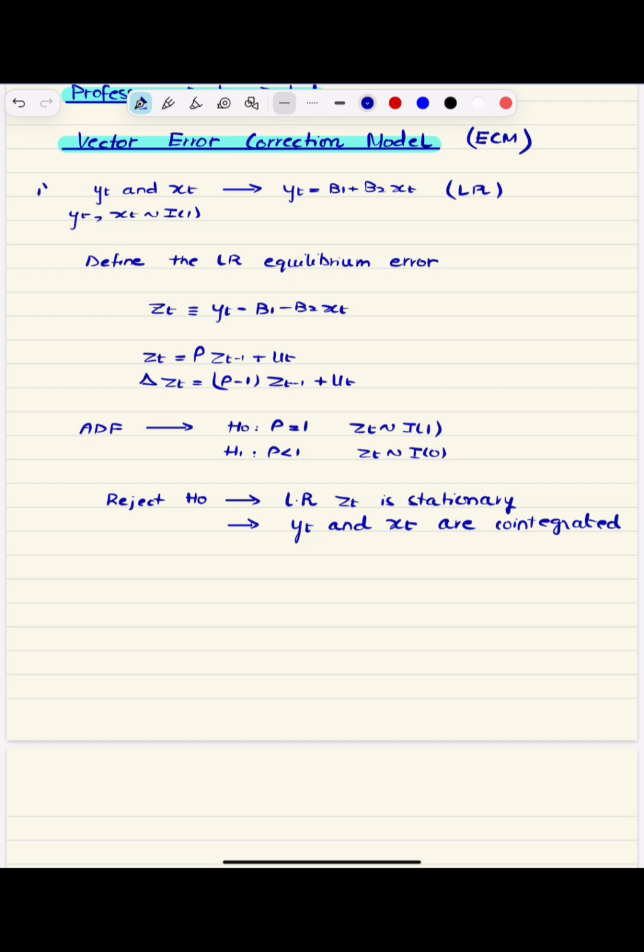Let's call this equation 1 and this equation 2. So we know zt equals yt minus beta 1 minus beta 2 xt. Therefore, change in zt is going to be change in yt. Beta 1 is a constant, so there's no change there. Minus beta 2 change in xt.